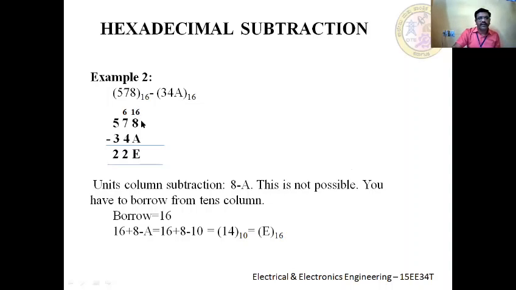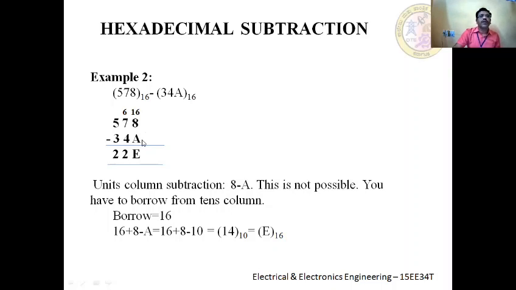I'm writing here bitwise, 875, below that A43, so you have to write in the same order. First LSB you have to match with second LSB. The LSB of the first hexadecimal should match with the LSB of the second hexadecimal number.